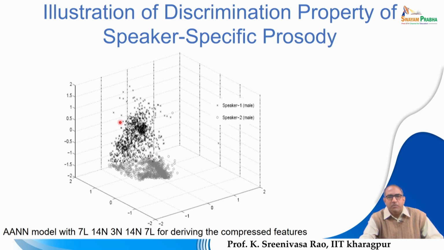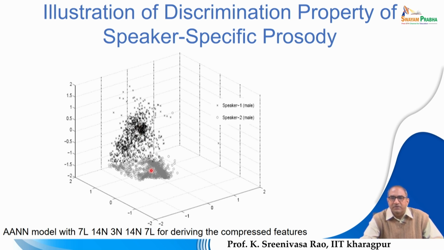This plot illustrates that prosodic features can represent speaker specific information, and if used properly you can discriminate the speakers. Another advantage is that the prosodic features are robust enough.